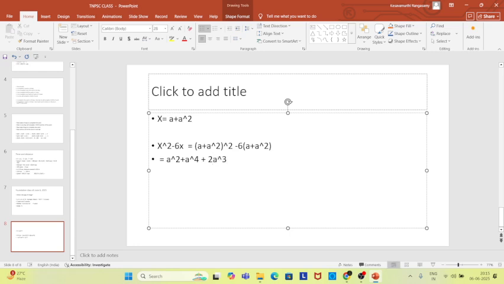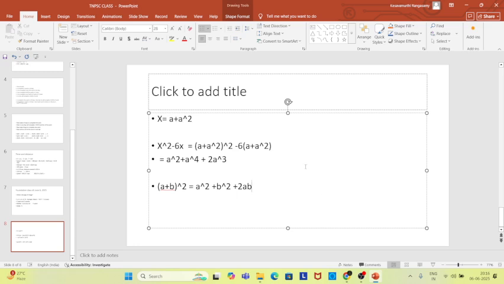Am I correct? Have I done it correctly? See, a plus b whole square is equal to a square plus b square plus 2ab. That's the formula I've used. Yes, sir.